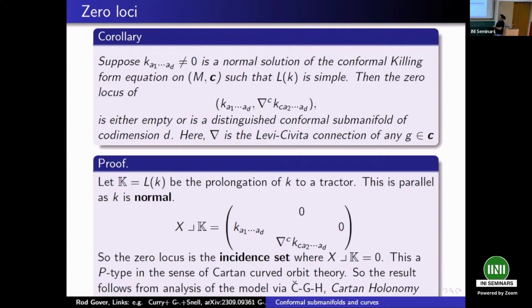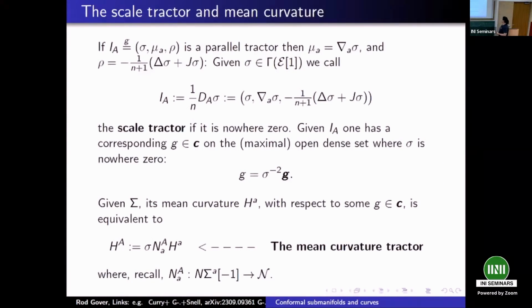The only thing you need is to know that the dimension of the zero locus is actually of the right dimension, dimension M. There's an analytic way to see that, or a simpler way is to use this curved orbit theory that we use. In the model, it works to have the same dimension, and this is a P-type statement more generally, so you know it has the right dimension from this work with Andy and Hammerl on Cartan holonomy.